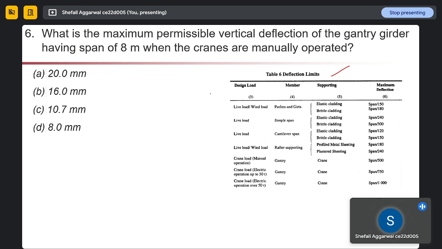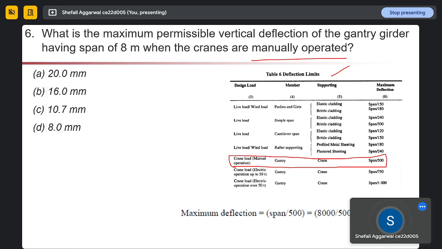Now what is given to us? Cranes are manually operated. So for manually operated gantry cranes, it is given as span upon 500, right? The span is given as 8 meter, so we convert it into mm. 8,000 divided by 500 gives us 16 mm of deflection, right?